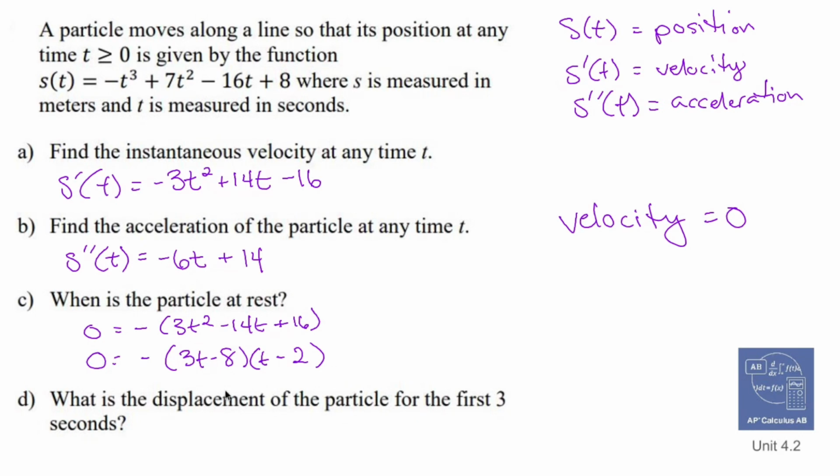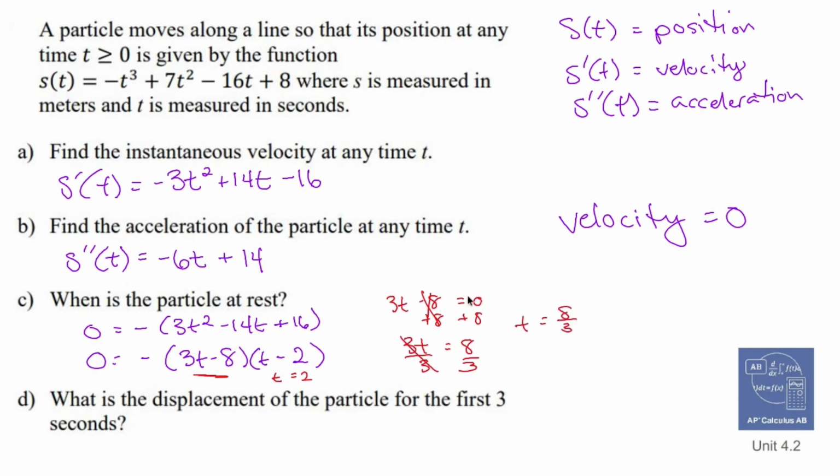I have two factors here. The obvious factor is going to be t equals 0, so that's good news. The other one I'm going to set equal to 0 and solve, so 3t minus 8 equals 0, adding 8 to both sides, 3t equals 8, divide by 3, t equals 8 over 3.